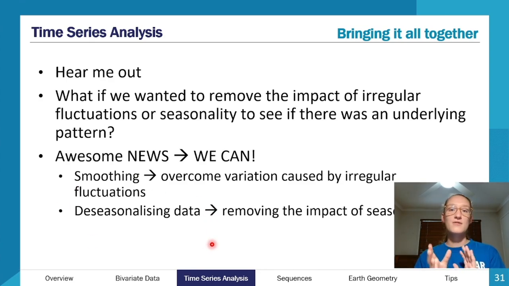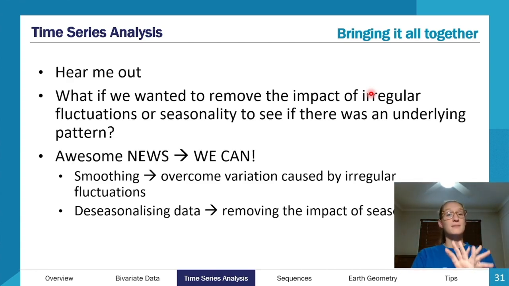Again, I'm trying to help you make these connections. When we're talking about irregular fluctuations, we're talking about those random ups and downs that might obscure the underlying relationship. It can make what's actually going on really hard to see, because it looks really messy up and down.